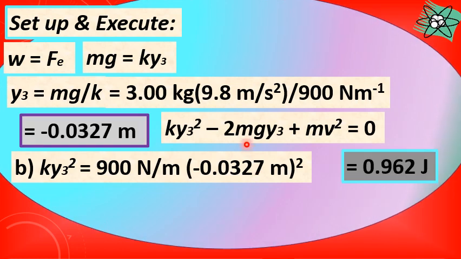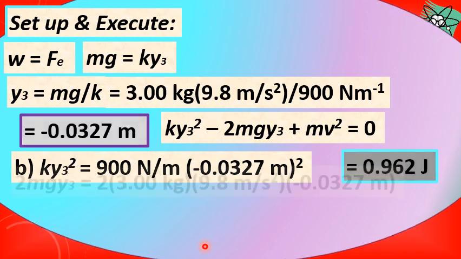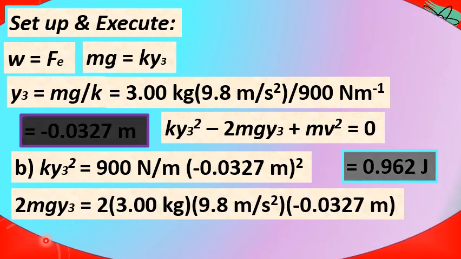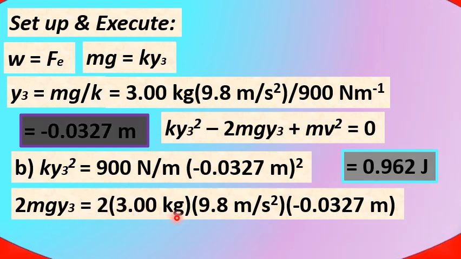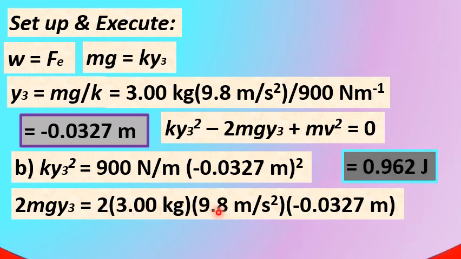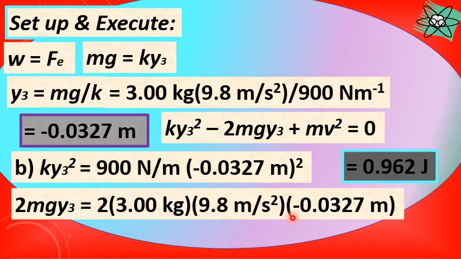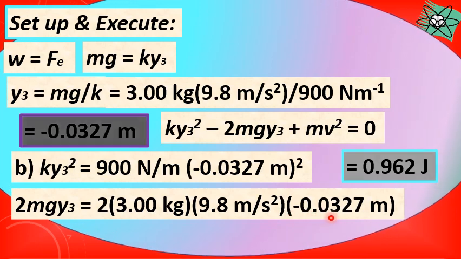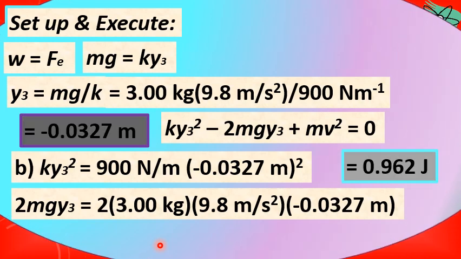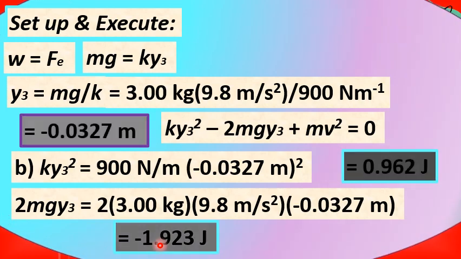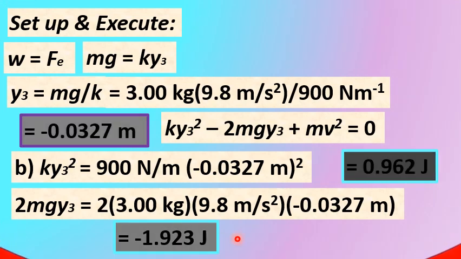Likewise, the term 2 mg y sub 3 has a value equal to 2 times 3.00 kilograms multiplied by 9.8 meters per second squared, and then multiplied also by negative 0.0327 meters. Or 2 mg y sub 3 has a value equal to negative 1.923 joules.